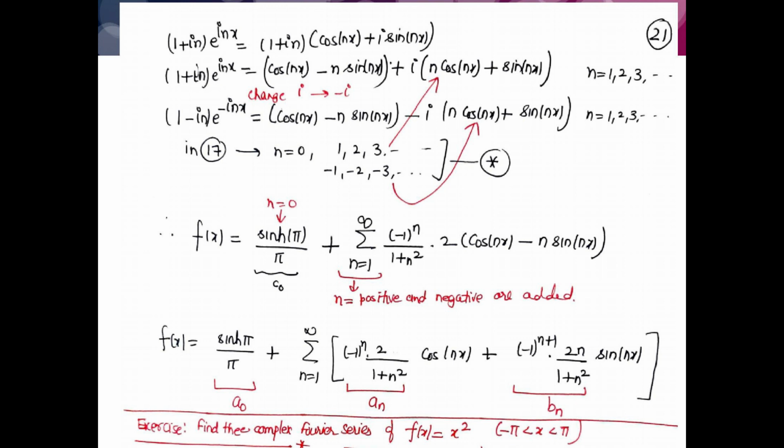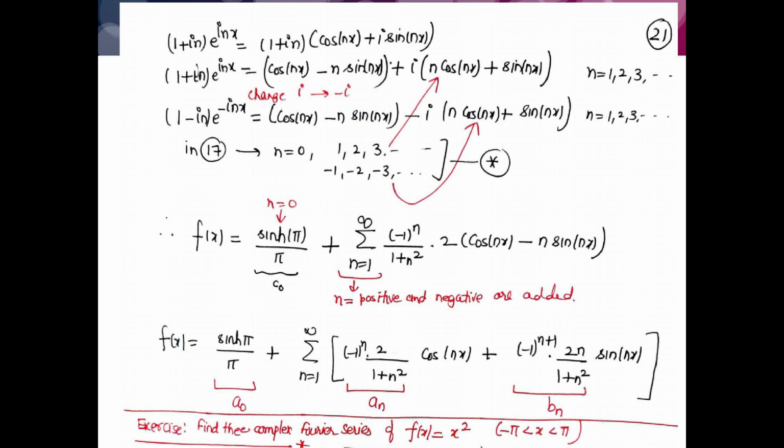So we finally have this expression: summation over n from 1 to infinity of minus 1 raised to power n divided by 1 plus n square, times 2 times cos nx minus n times sin nx. This expression is obtained by adding the second and third expressions above. So finally we have the Fourier series in terms of cos nx and sin nx, and we can read off a0, an and bn from this expression.